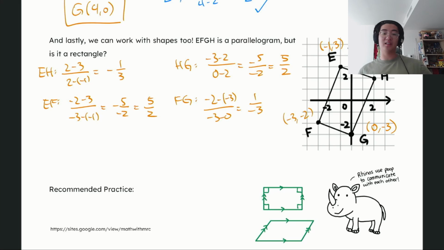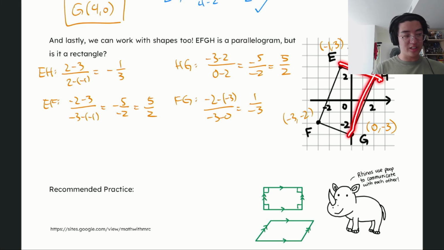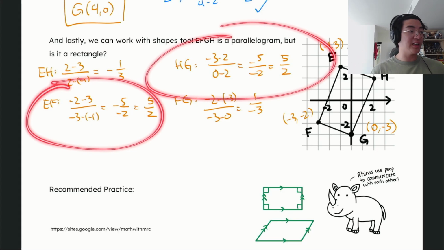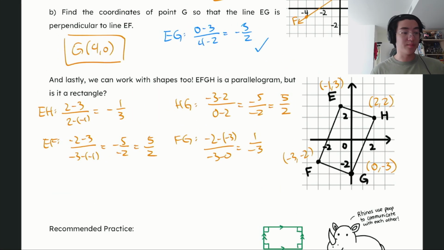As you can see here, none of those lines are perpendicular. We can see the line EH and the line HG here. HG is 5/2, whereas EH is negative 1/3, which means those two lines are not perpendicular, which means that this is not a rectangle. The corners of a rectangle must be 90 degrees. But we know for sure that EF and HG have the same slope, which means those two lines must be parallel to each other.